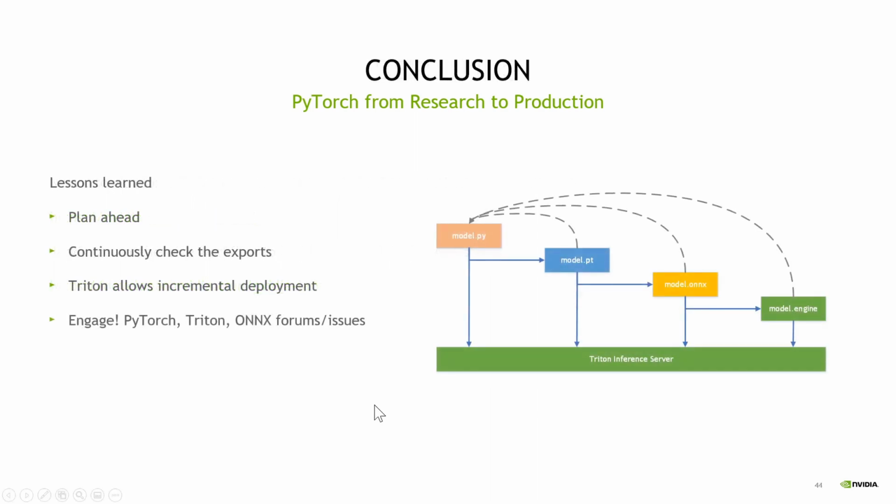To conclude, what we have learned during the process of implementing the conversational AI system is that we need to plan ahead when developing a model and continuously check if the export to any of the intermediate representations works.